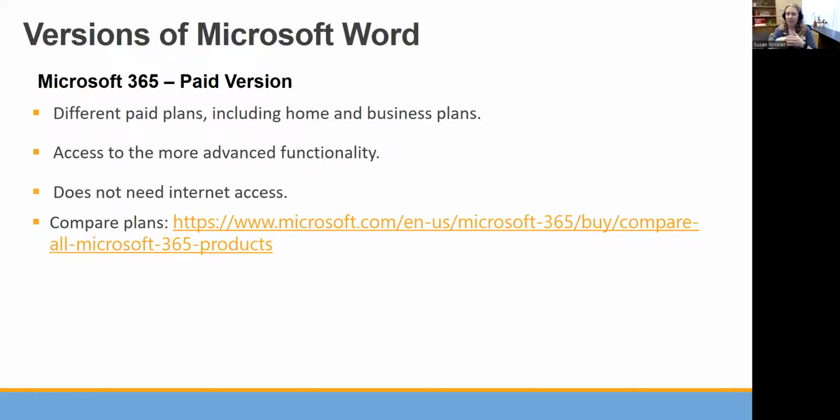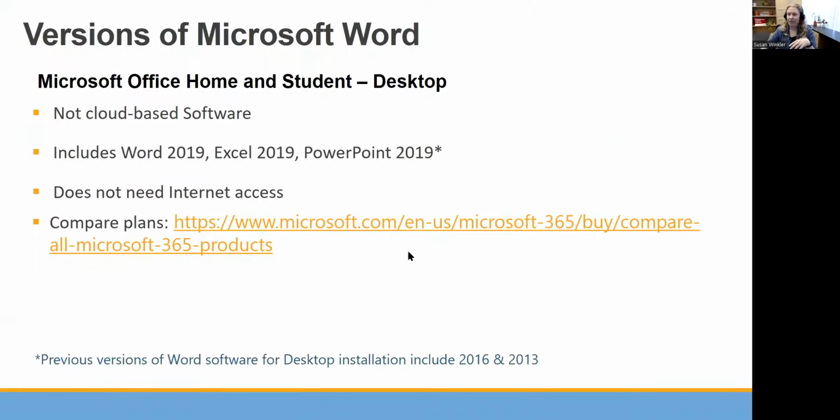It gives you access to a little bit more advanced functionality, and you can edit your documents offline with that version. If you want to compare the plans, you can go to Microsoft.com and check out Microsoft 365, and it'll show you all the paid products you can get.